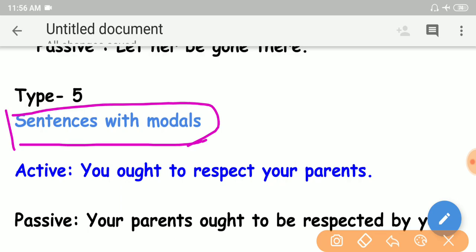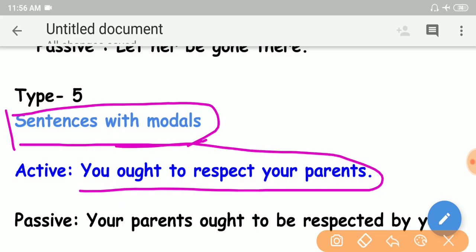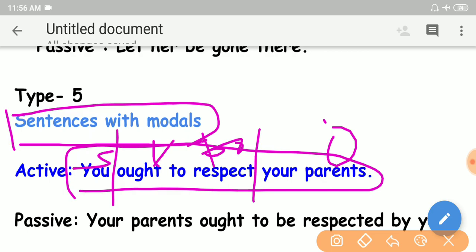See, you ought to respect your friend, your parents. You ought to respect your parents. Actually, this is in the form of subject, verb, again this is to be infinitive, then object is used. I think this is in the form of the normal assertive sentence formula.